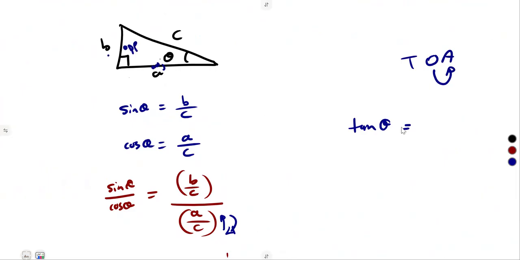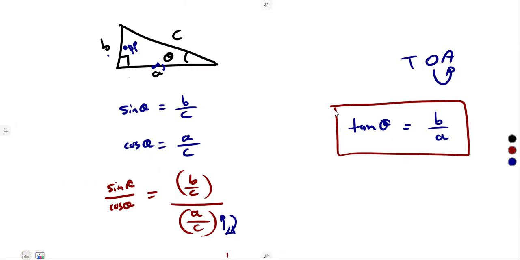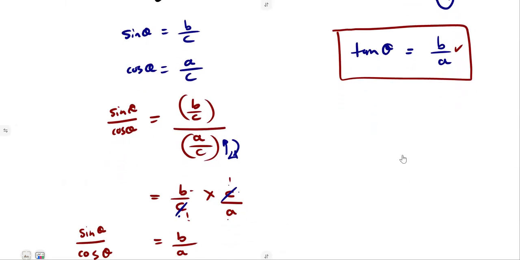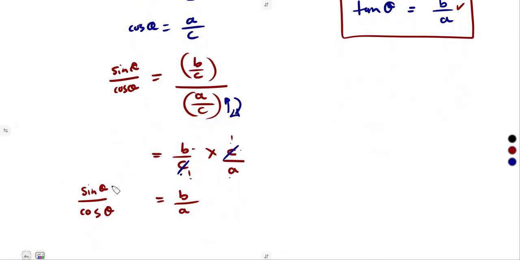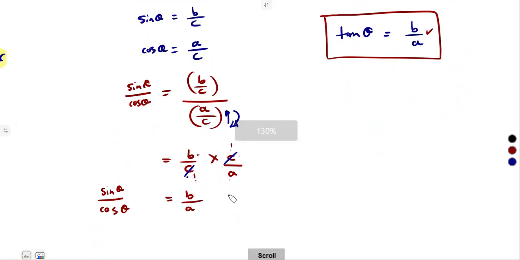So B over A. Exactly what we are seeing from the triangle, from this trigonometric ratio, B over A. It is the same thing as the ratio of sine over cos, B over A.